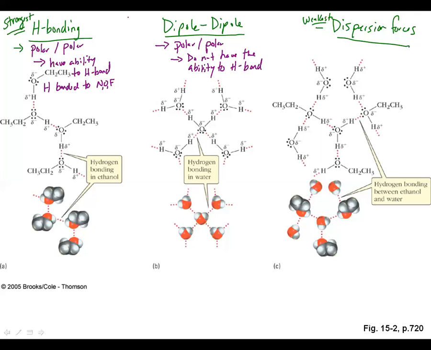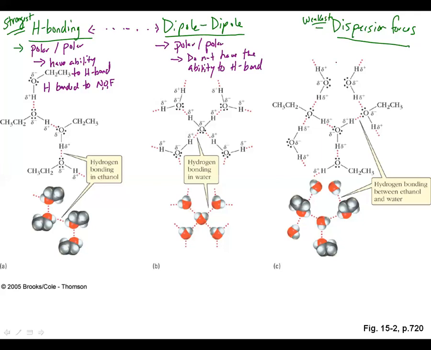Although they are almost the same deal, that is the difference between these two. Dipole-dipole is usually reserved for polar molecules interacting with themselves or with other polar molecules, lacking the ability to hydrogen bond, while hydrogen bonding is polar molecules interacting with polar molecules that have the ability to hydrogen bond.